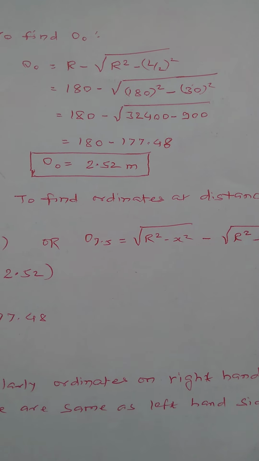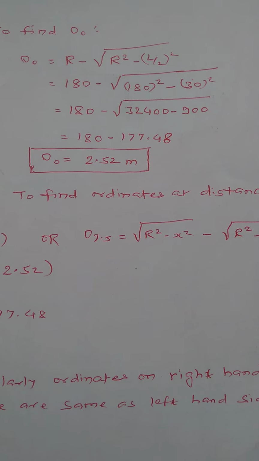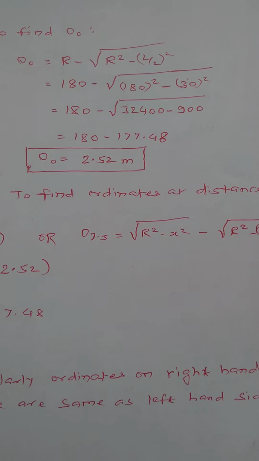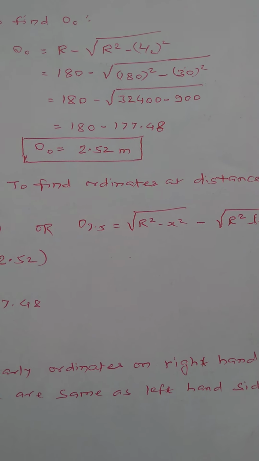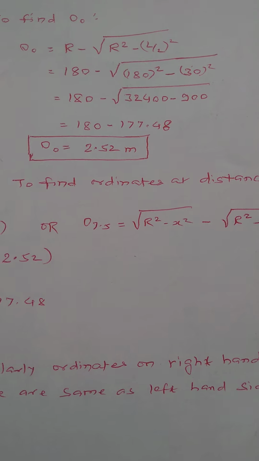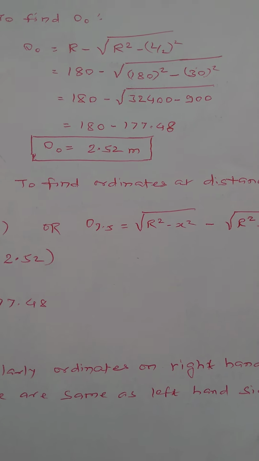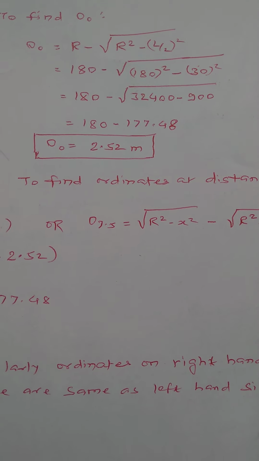As the radius of the curve is given as 180 meter, under root of 180 square minus (L by 2), L is given as 60 meter, that's why L by 2 becomes 30 square. After calculation O0 comes to be 2.52 meter. That's why the mid ordinate of this simple circular curve is 2.52 meter.